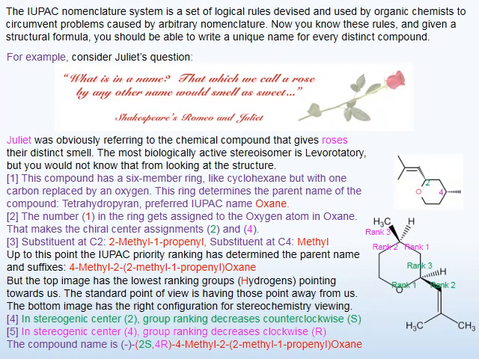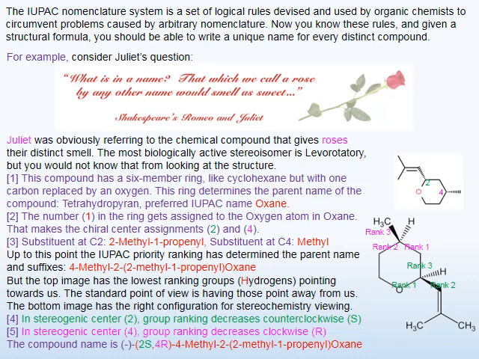Up to this point, the IUPAC priority ranking has determined the parent name and suffixes. Now we just need the stereochemical configuration. The top right image has the rank for our groups pointing towards us. You can read the correct configuration if you imagine you are on a space inside the screen. But the bottom right image has the right configuration for stereochemistry viewing, so we don't need to go through all that trouble. For chiral carbon 2, group ranking decreases counterclockwise.